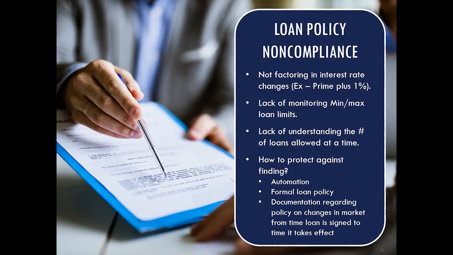And it's good to know that in the current environment here in 2020, there were some relief provisions with the CARES Act related to loans, kind of expanding what those policy requirements are. But a plan would have to formally adopt those provisions for them to apply to their plan.